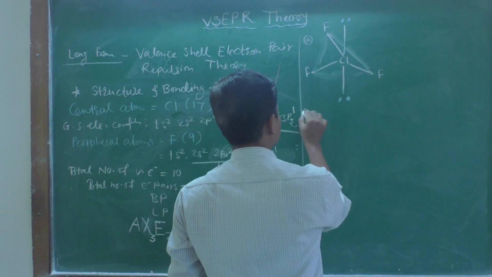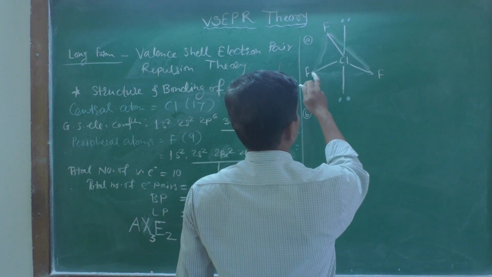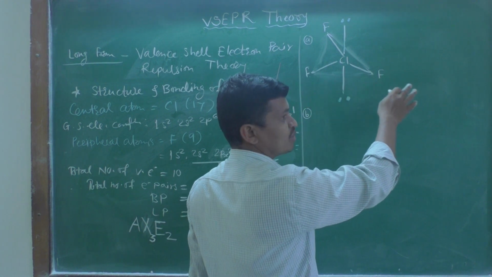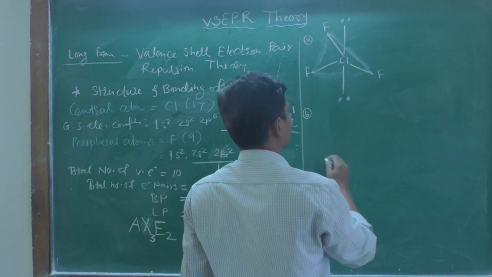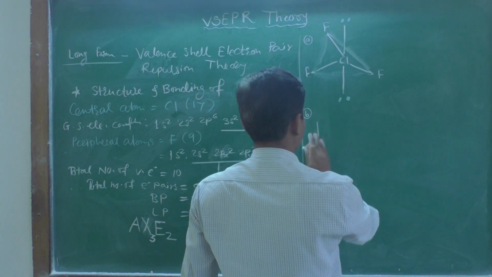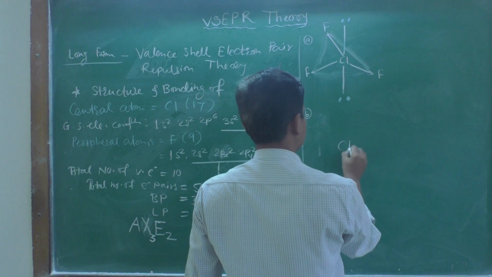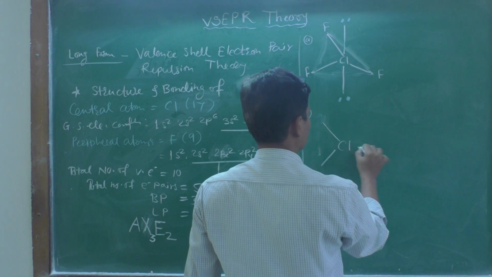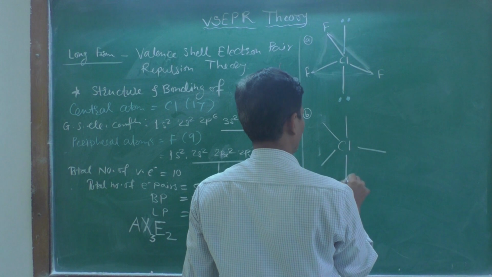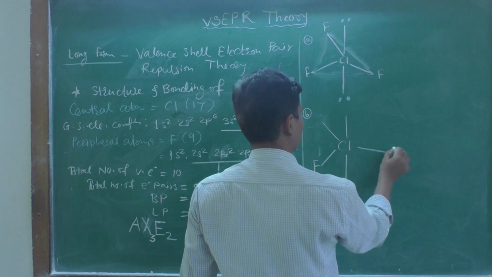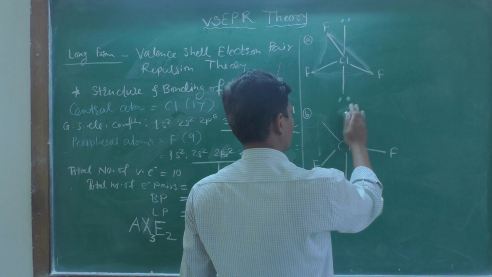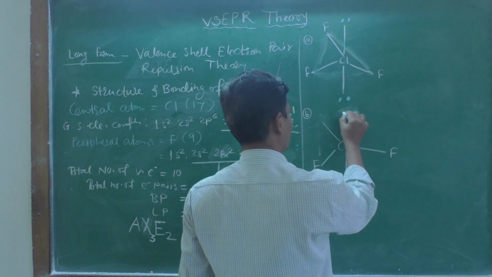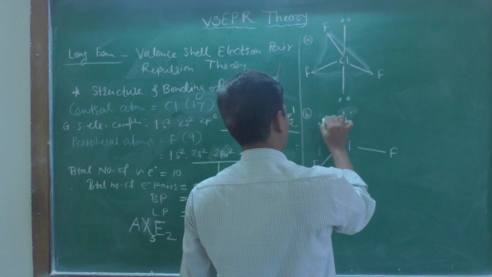Now the second chance is that two fluorine atoms occupy the equatorial position and one fluorine atom occupies the axial position. So another possibility is that, out of the 1, 2, 3, 4, 5 positions, take two fluorine atoms at equatorial, one at axial position, and one lone pair here and another lone pair here.